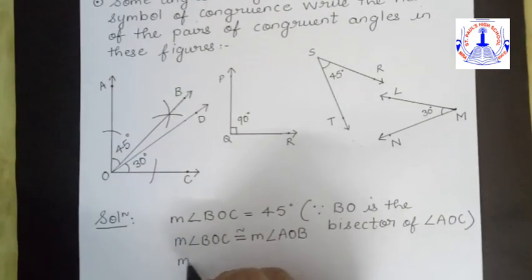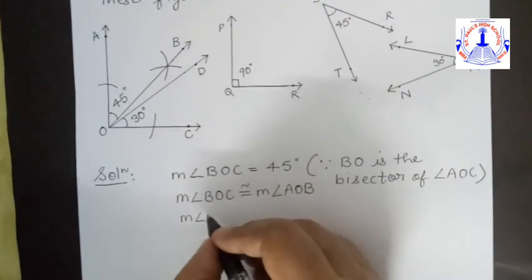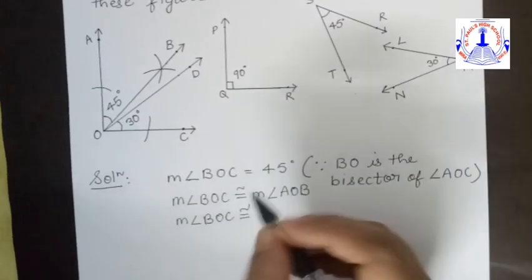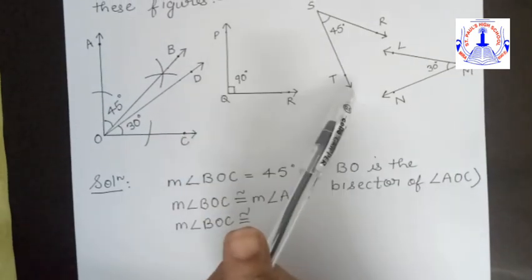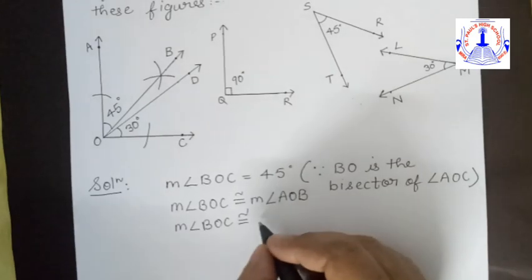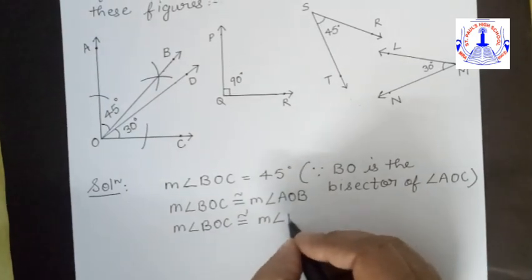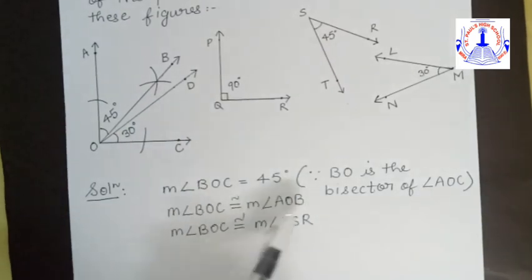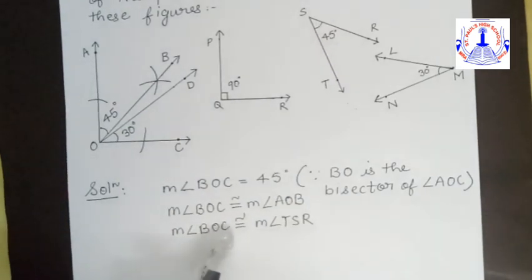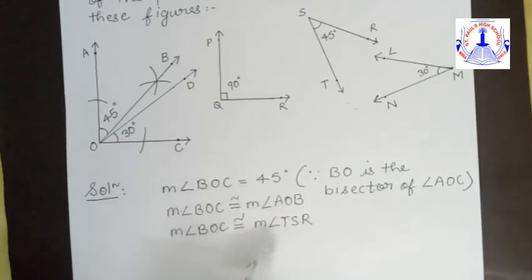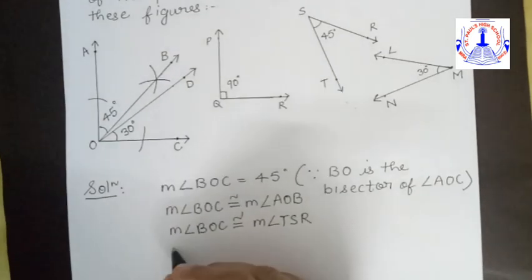Then measure of angle BOC is congruent to measure of angle TSR or RST because it is 45 degrees. Now BOC is congruent to AOB also and BOC is congruent to TSR. That means AOB will also be congruent to TSR.